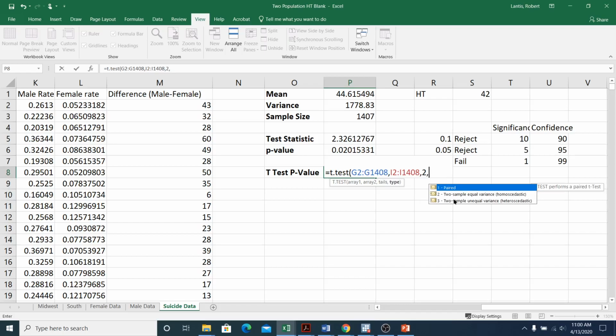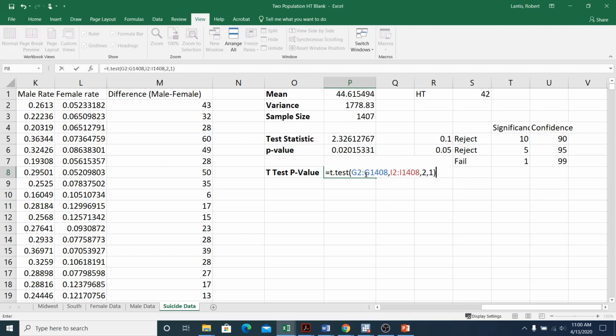Last class, we were using option 3, comparing two means with different sample variances, unequal variances. Now we're not comparing two sample means, we're finding the mean of the difference between two variables. So that's a matched pairs example. So now we'll put a comma and a 1 here. That will now treat this as a matched pair example.